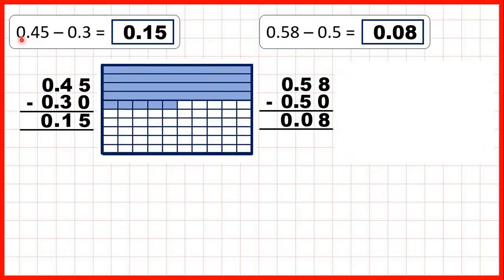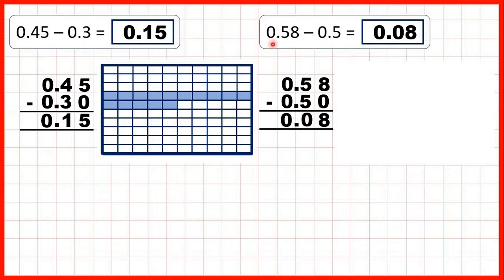Again, we can show what we did. We started with 0.45, so that's 4/10ths and 5/100ths. We were subtracting 0.3, so if we take away 3/10ths, that leaves us with 1/10 and 5/100ths, or 0.15. We could also show 1/10 and 5/100ths as 15/100ths.